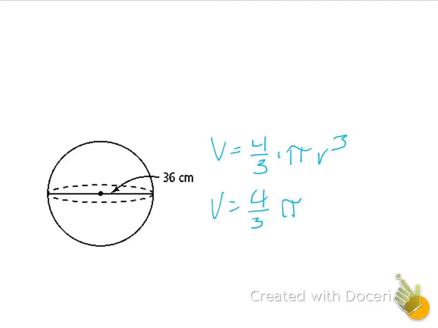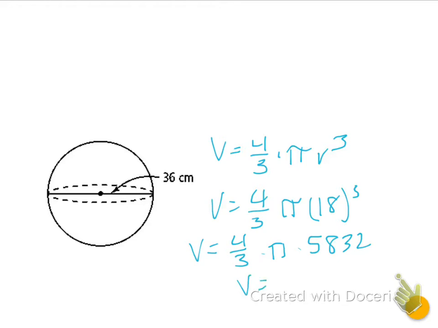My radius, right now I have my diameter, so I need to take 36 divided by 2 to get our radius. So 18 to the third, so V equals 4/3 times pi times 5,832, that times 4/3. So V equals 7,776 pi centimeters cubed.